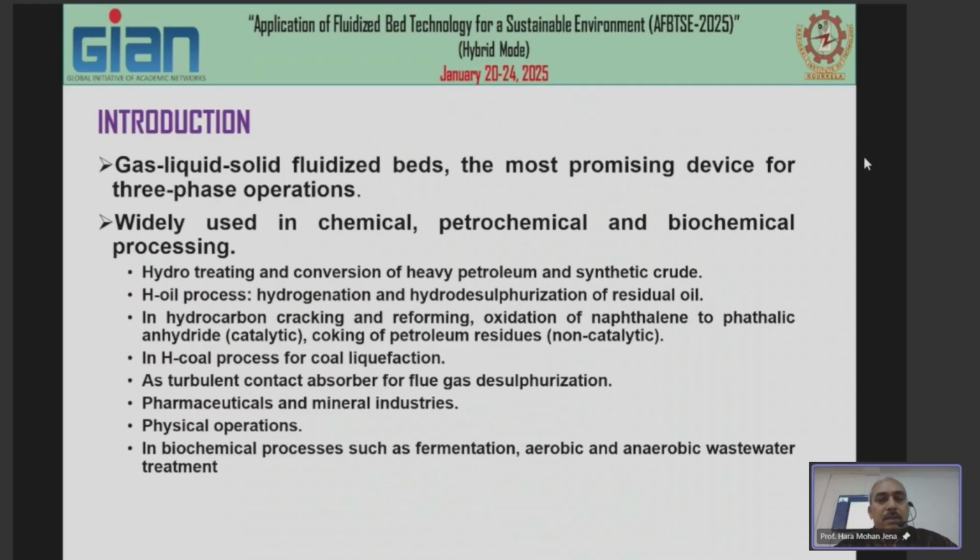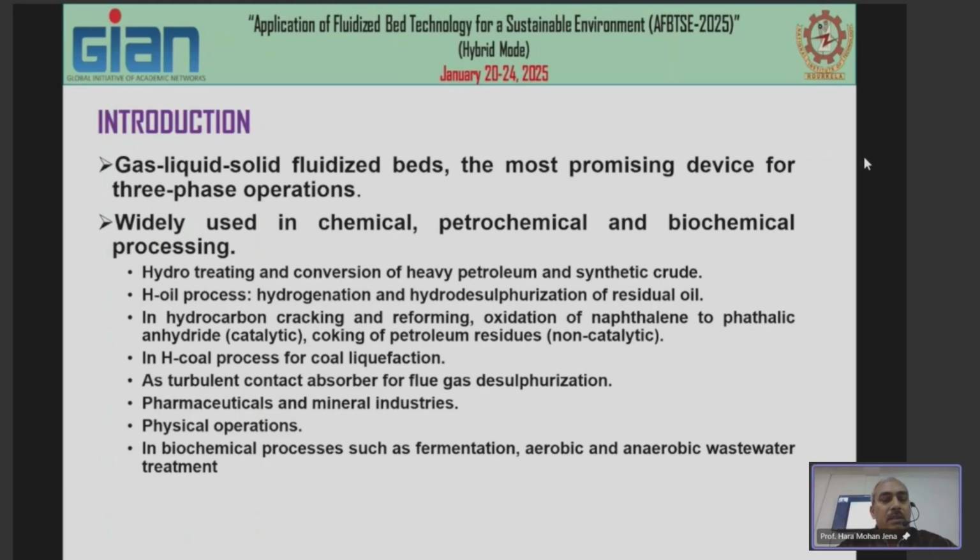Gas, liquid, solid fluidized beds are the most promising device for three-phase operations because of the intimate contact of the three phases, gas, liquid, and solid. Many types of operations are carried out in this gas, liquid, solid fluidized bed, because vigorous mixing is possible in this reactor.